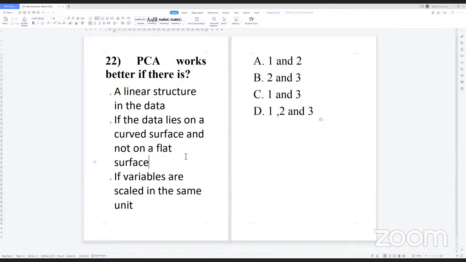If the data lies on a curved surface and not on a flat surface. If variables are scaled in the same unit. Option A 1 and 2, option B 2 and 3, option C 1 and 3, option D 1, 2 and 3. Which among the three are true?